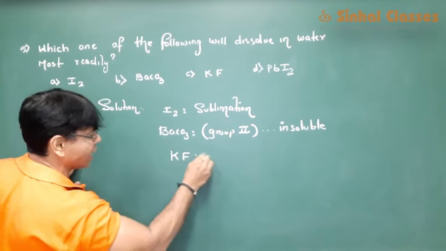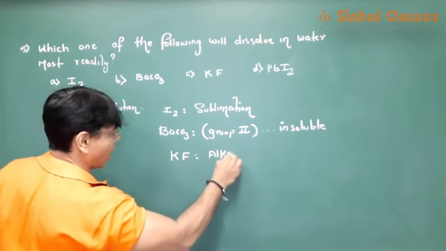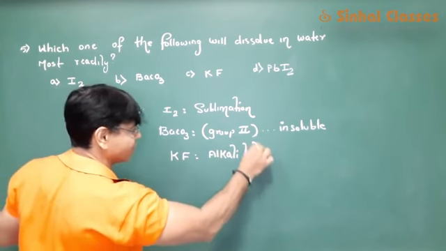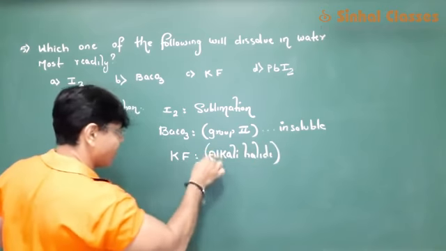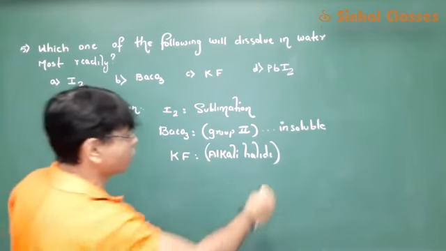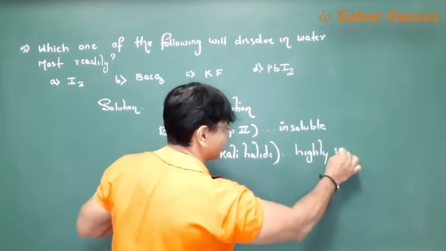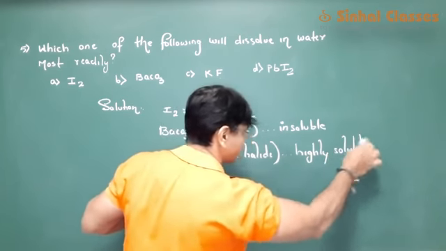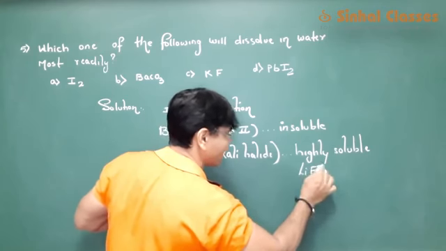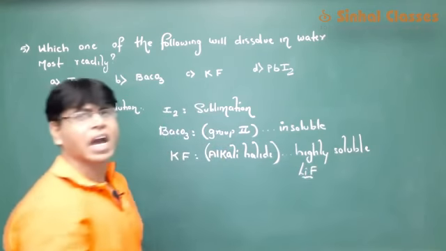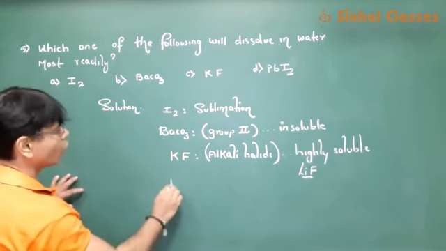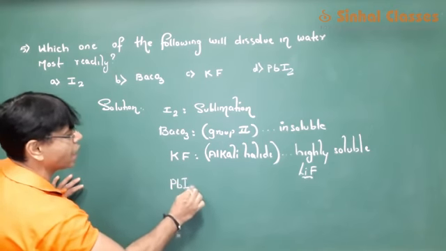Potassium fluoride is an alkali halide. Alkali halides are highly soluble in water, except lithium fluoride. The rest all are highly soluble. What about PbI2?